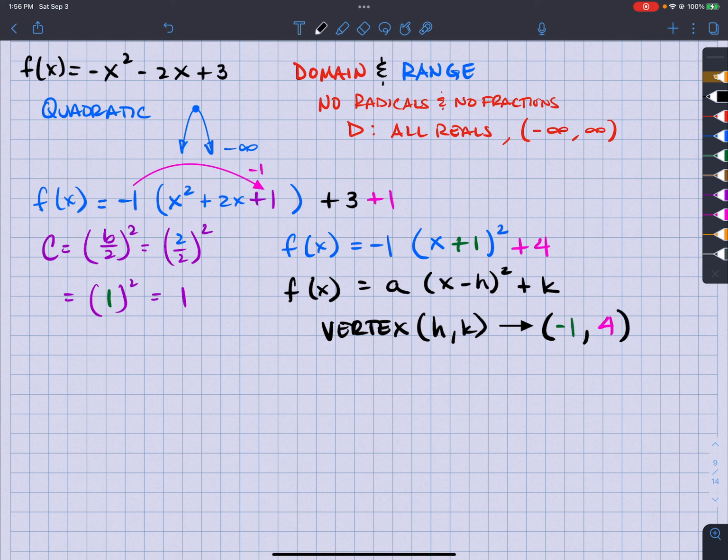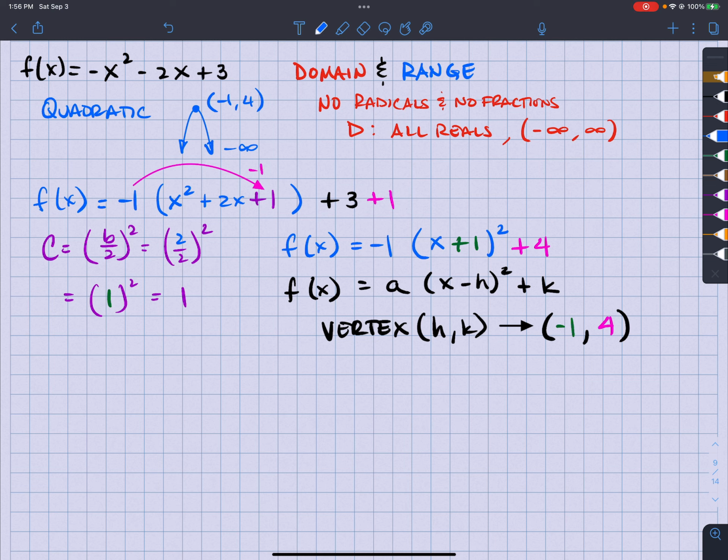Okay, so that means my vertex, right, my highest point, because this is a negative, I have a frowny face, so my maximum point here is going to be -1, 4. So that means the highest y value it gets to is 4.